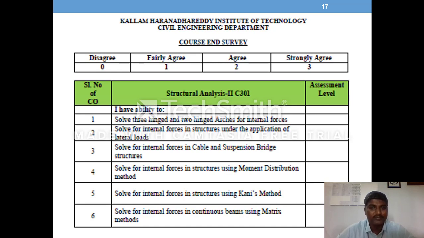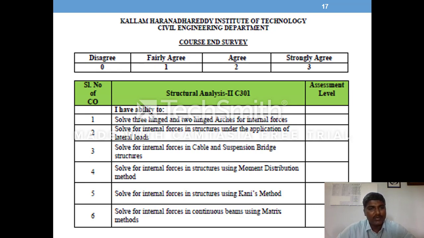For example, unit 1, from the syllabus, he solved 3 hinged and 2 hinged arches for internal forces. So if he is able to solve them, a student must rate himself, say he can give it a 3.